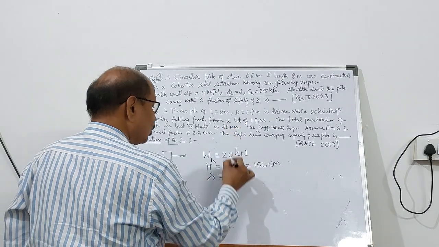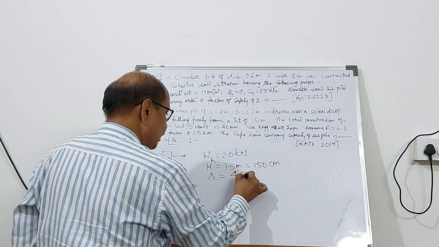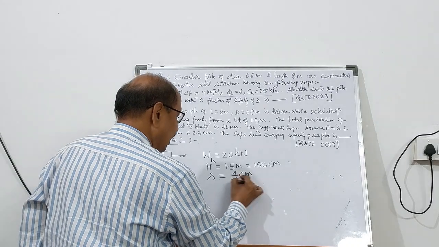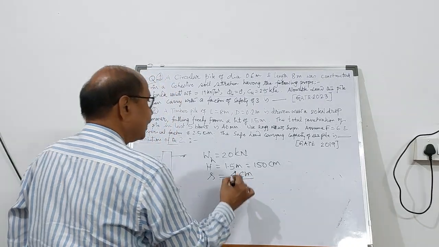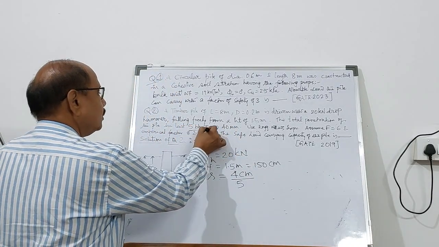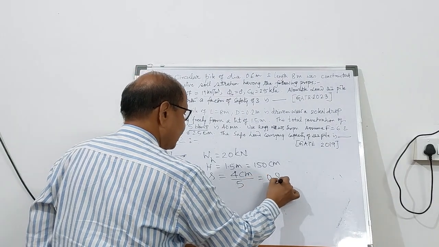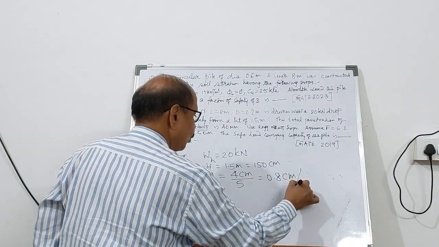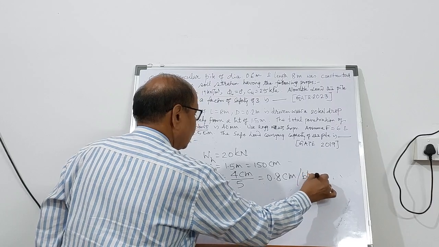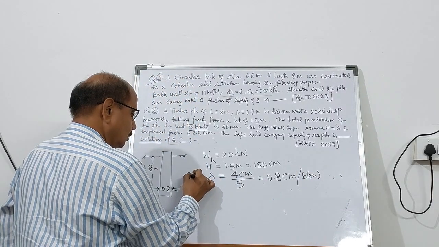The total penetration is 4 centimeter divided by the number of blows, that is 5 blows, so that is 0.8 centimeter per blow. That is called set.